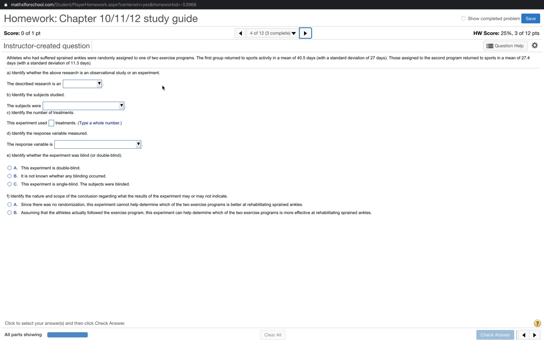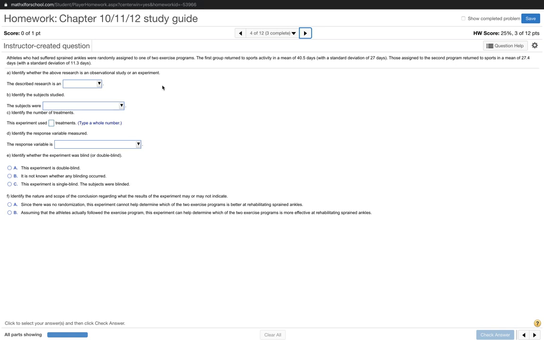So, what is the difference between an observational study and an experiment? Well, look back at our notes, but the quick version is an observational study is what it says. It's purely observational. Participants may not even know that they're participating in the study. They're not assigned to a group or to a treatment or to a program.